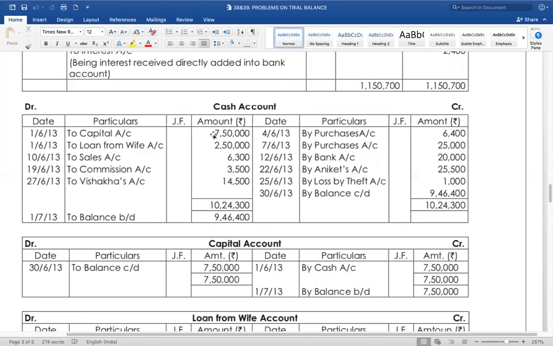Take the total: 10 lakhs, 10 plus 6, 3, 3, 5, 14, 5. All put together comes to 10 lakhs 24,300. And on the other side, 64 plus 25 plus 20 plus 25,500 plus 1,000.